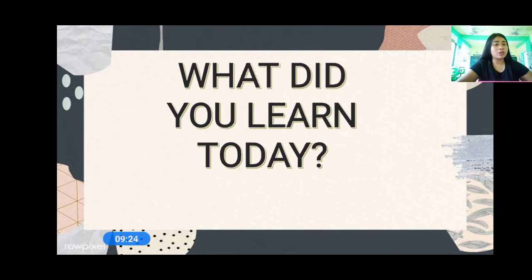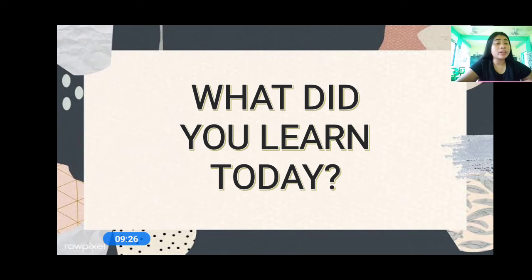So what did you learn today? Today we have learned about fractions and the types of fraction. Fraction is a numerical quantity that is not a whole number. Now, the types of fractions are proper fraction, improper fraction, and mixed number or mixed fraction.